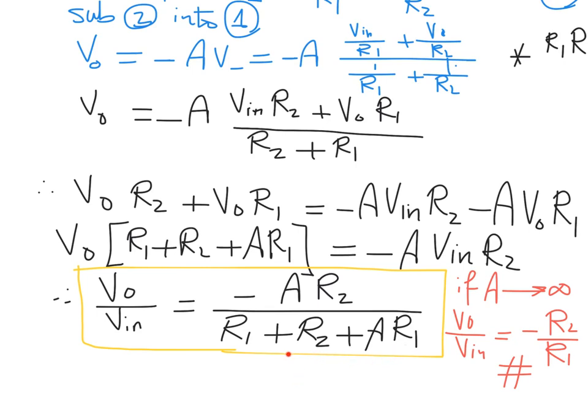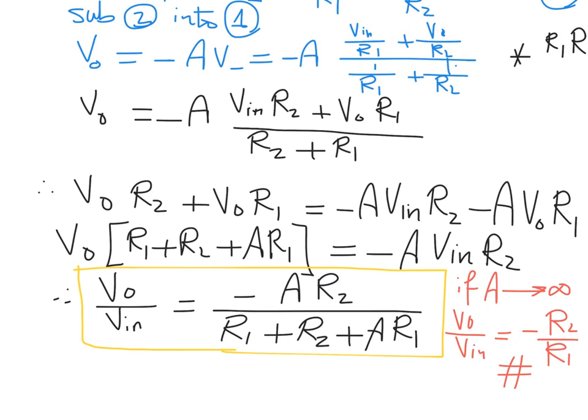So if we substitute with A equal to infinite, this term will be 0, and we'll be left with minus R2 over R1. So if A equals infinite, VO over Vn again will be minus R2 over R1, which we already got as the solution in the second example in our video today.